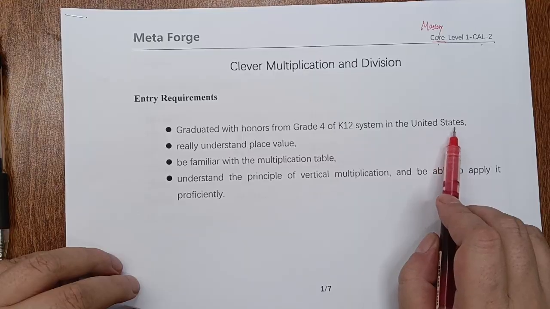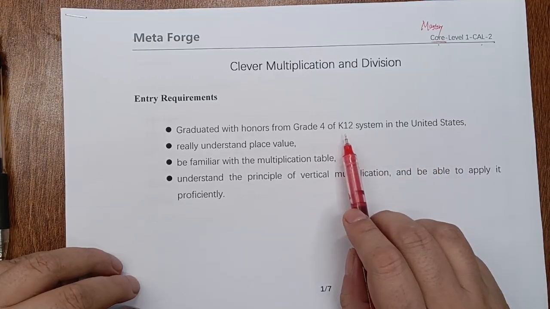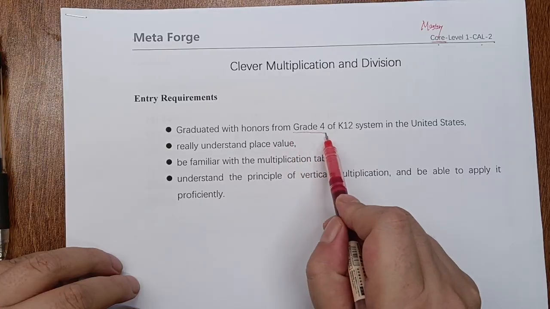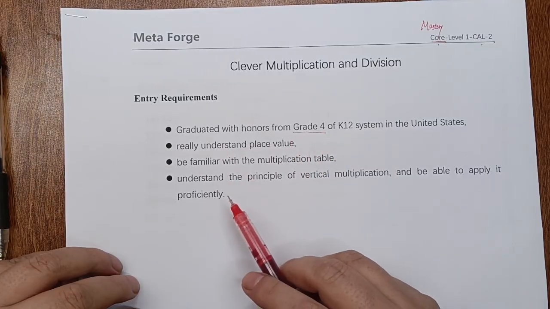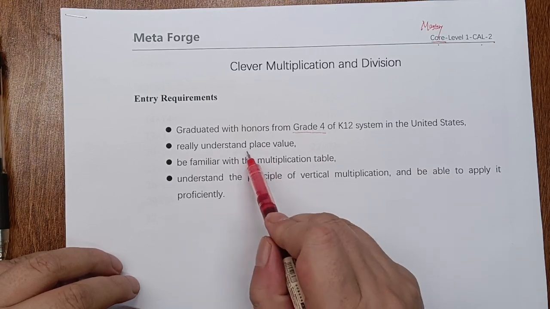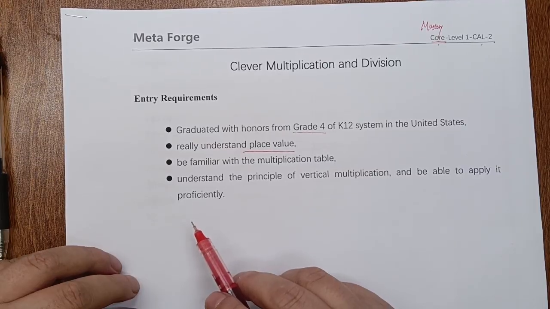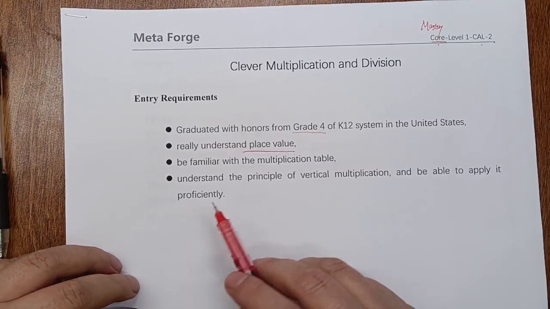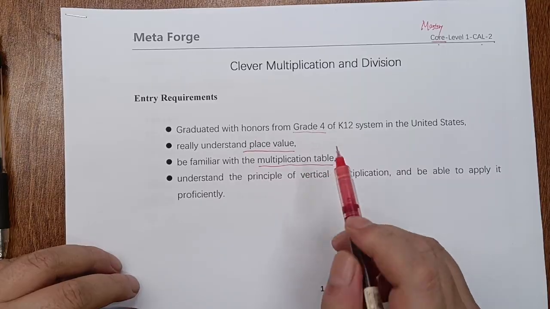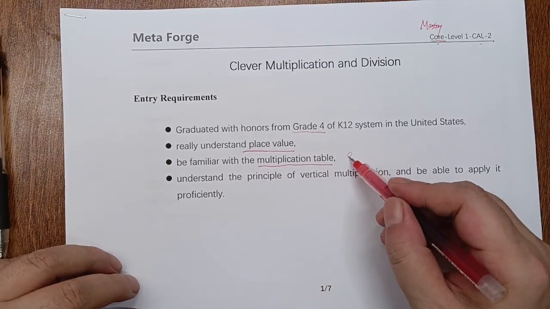In the United States K-12 system, if you have good completion of grade 4 mathematics, that means you really understand place value. You're familiar with the multiplication table within 9 times 9.